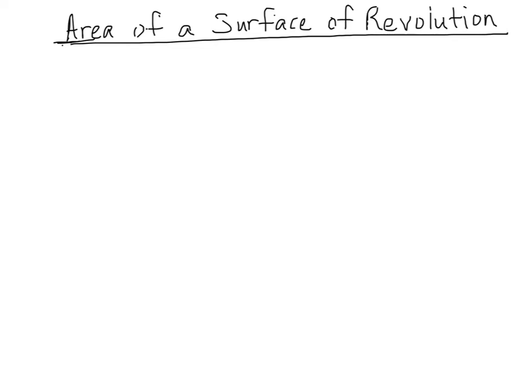In section 8.2, which is area of a surface of revolution, we want to define the area of a surface of revolution in such a way that it actually matches our intuition.